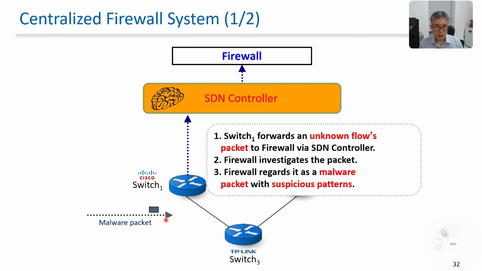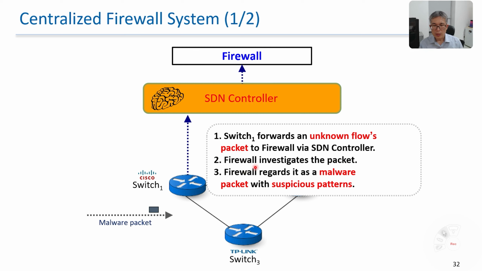A malicious packet comes in, and then the SDN switch investigates. This one is the OpenFlow table. There is nothing matching that flow, so just forward, okay, because it is an unknown flow packet. The SDN controller forwards the packet to the firewall, so the firewall application can handle it.